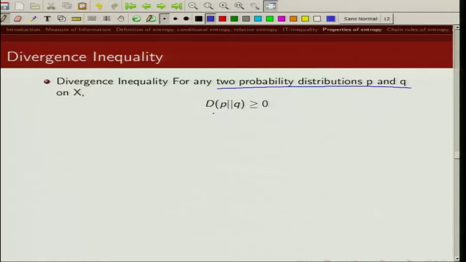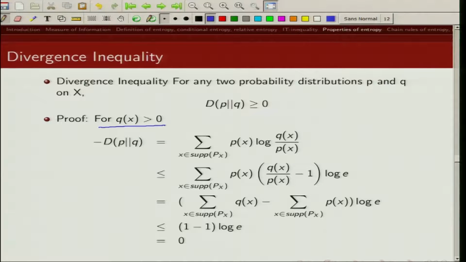It is in some sense a measure of closeness between two distributions. If P is very close to Q, the value of divergence will be close to 0, otherwise, if P is substantially different from Q, divergence will be large.